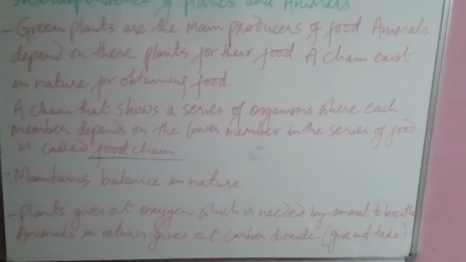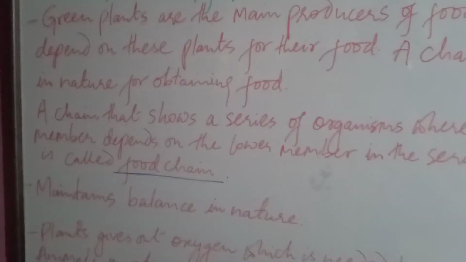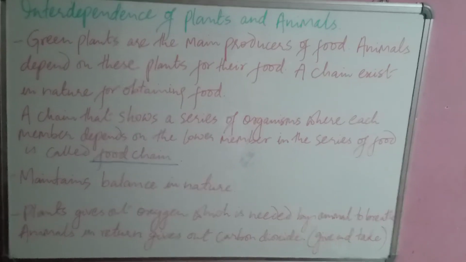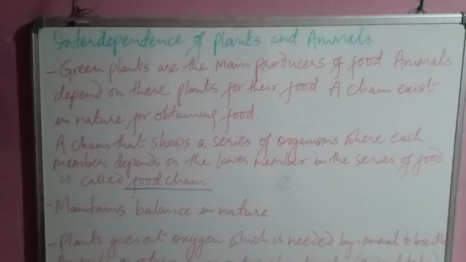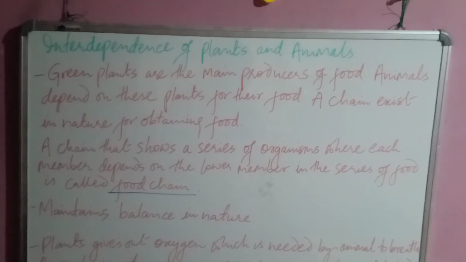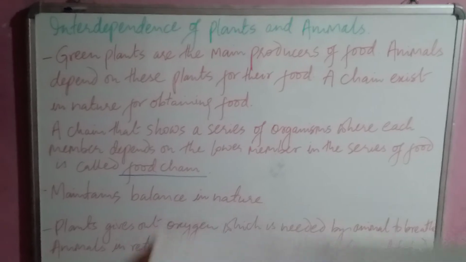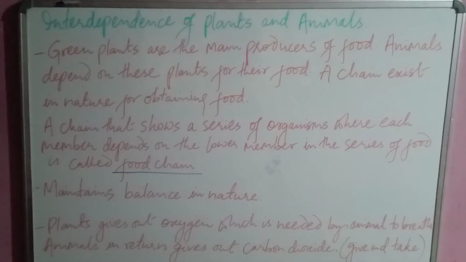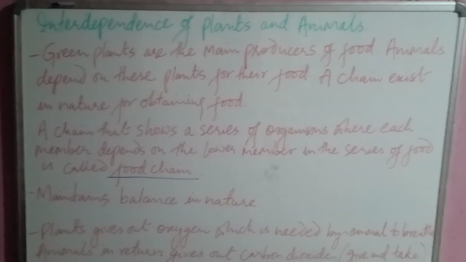So if you look at the picture below, or you can see it on the right hand side, there is a picture where each of these animals is dependent on each other. If the plant is eaten by that insect, the insect will be eaten by the frog, and the frog gets eaten by the snake, and the snake is being attacked by the owl.